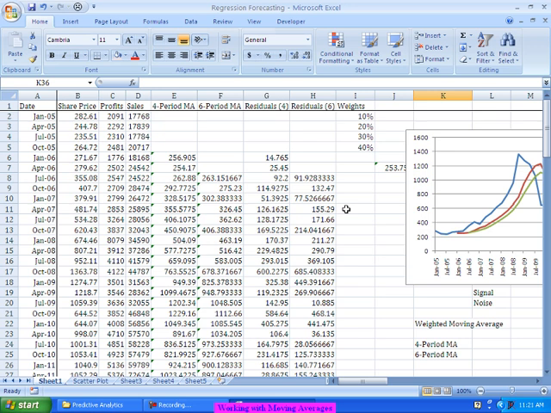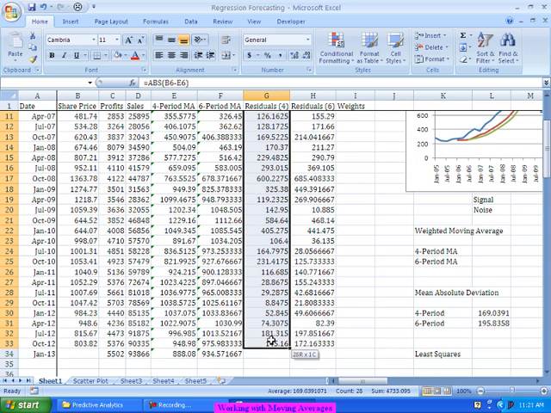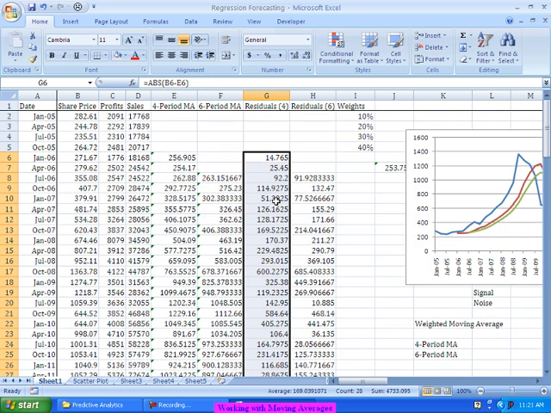Instead of taking an absolute difference, you take the square of the residual. So each of these you square and then divide by the count, whatever it is, 28.